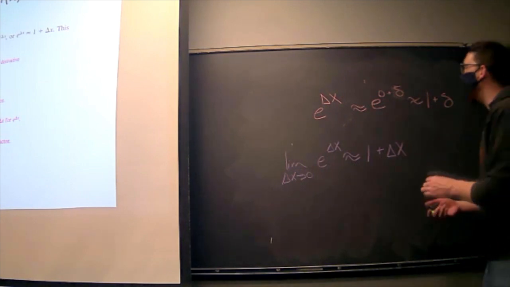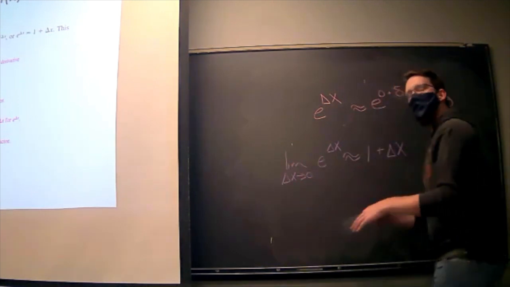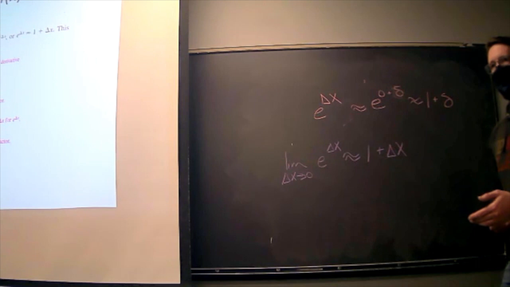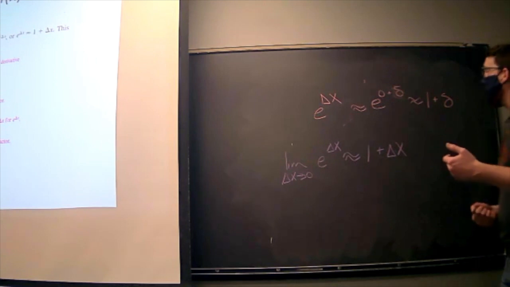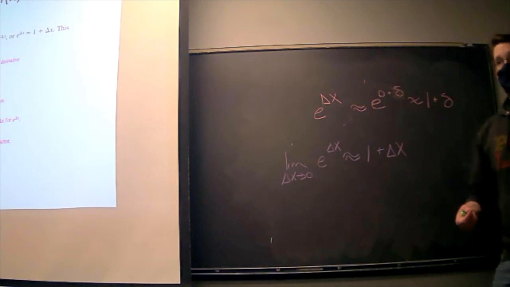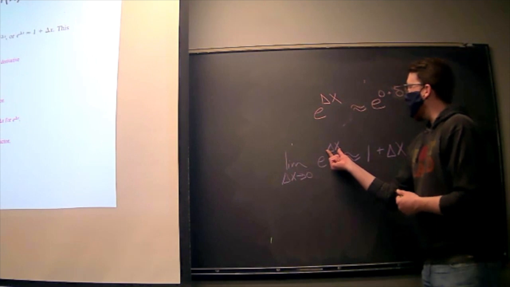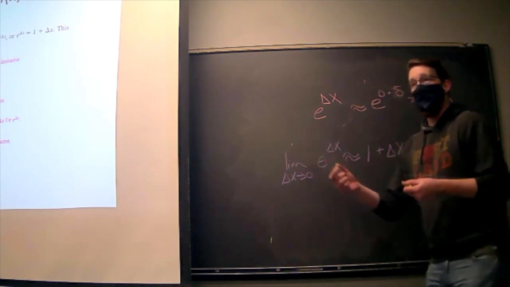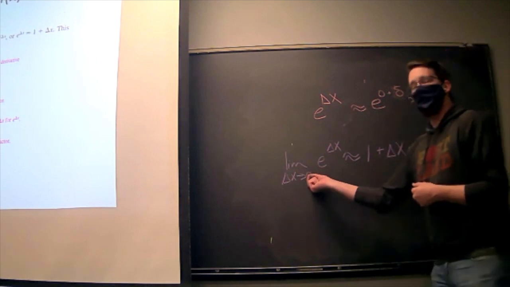And now the whole reason for this is what the limit actually does. It's not 110% accurate to say it this way, but it builds an intuition of what we're doing. We're saying this delta x thing gets small. It's going to get close to 0.